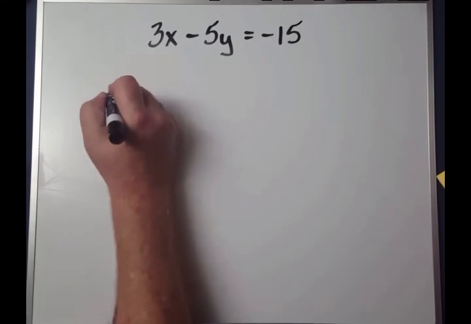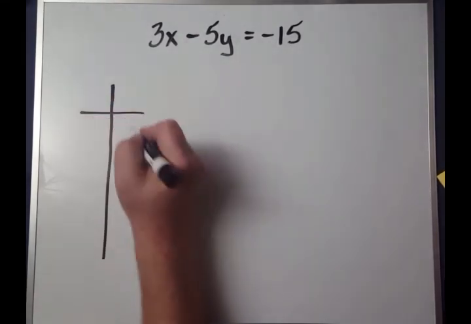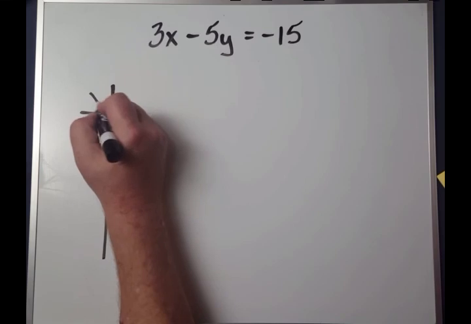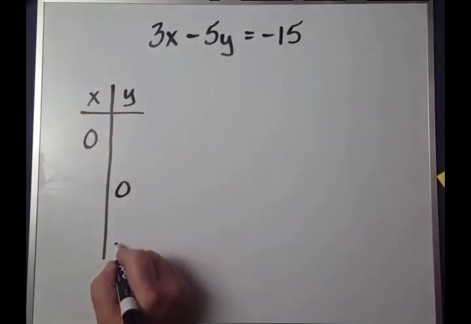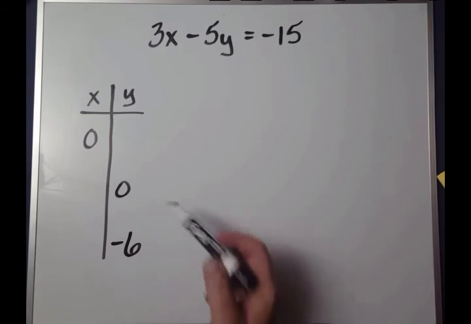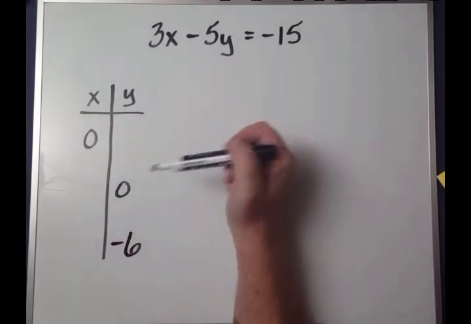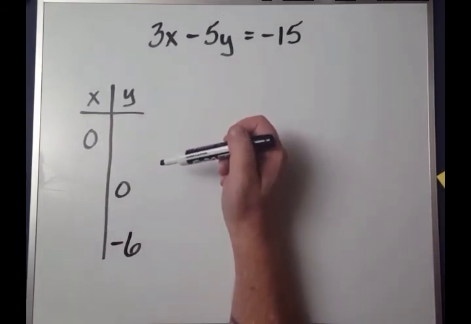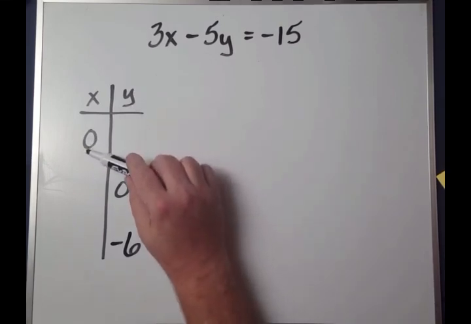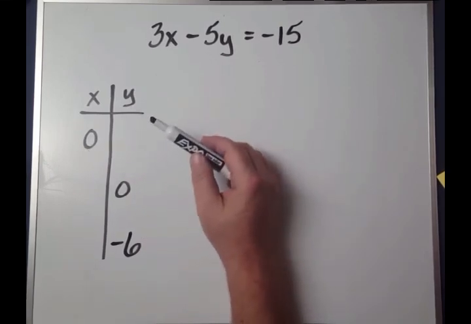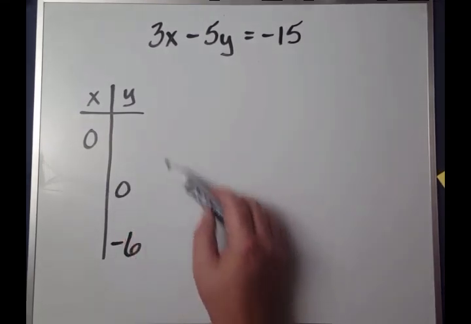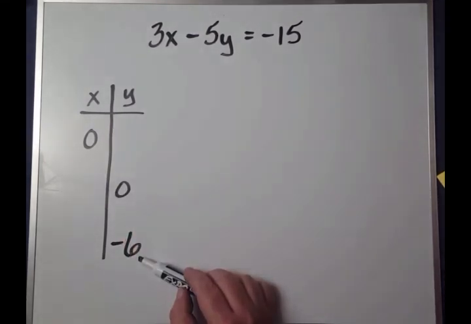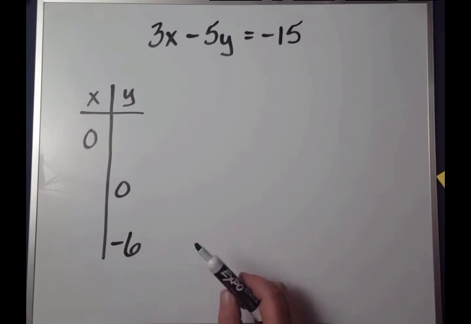And they give us the table. We want to fill in the missing pieces of this table. In other words, when x is 0, what's y? When y is 0, what's x? And finally, when y is negative 6, what's x?